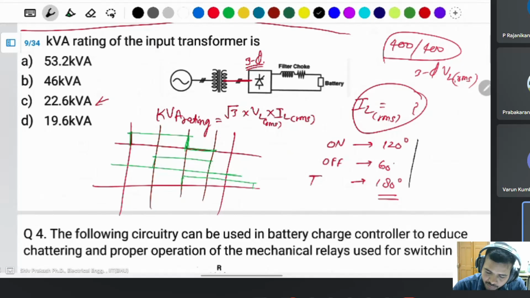Now if you want to calculate the RMS of any signal, suppose I remove everything else.